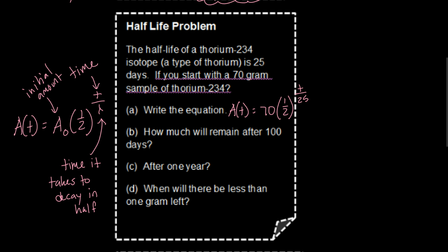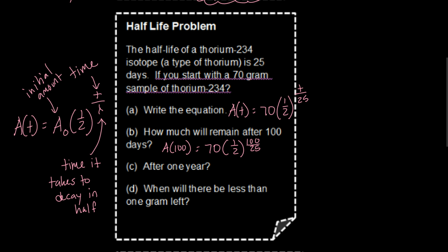All right. So, how much will remain after 100 days? What are we doing here? For T, we're putting 100, right? So A of 100 is equal to 70 times 1/2 raised to 100 over 25. Do we have to log roll here? No, we do not.